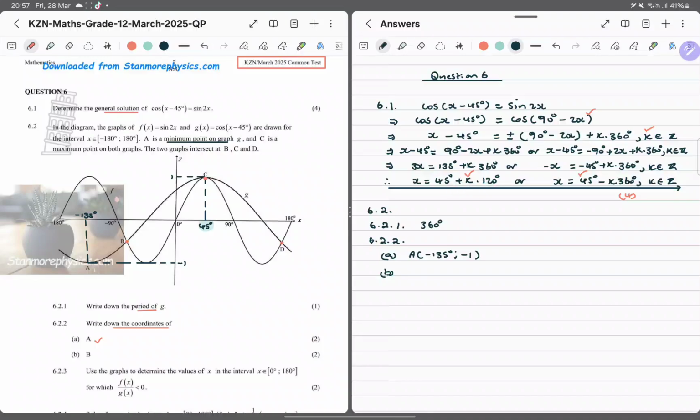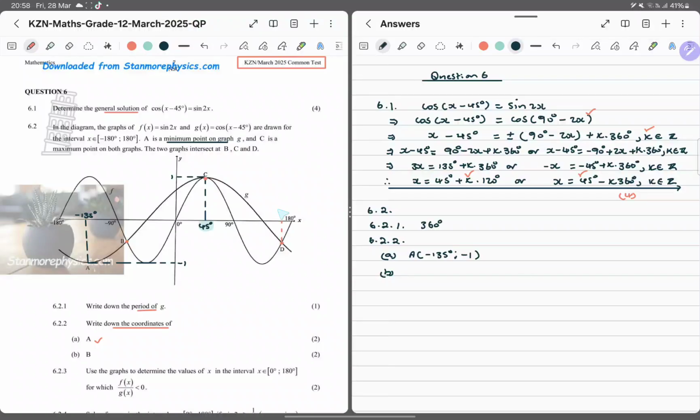This is going to be 45 plus 120, and that gives us 165. Okay? So where is 165? This is in the second quadrant, and we can see from 90 to 180, that's the second quadrant. So this seems to be spelling out this coordinate right there.